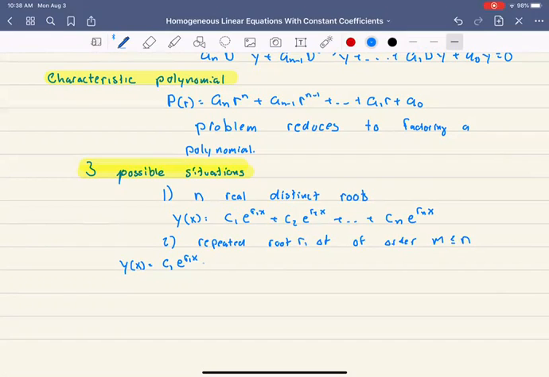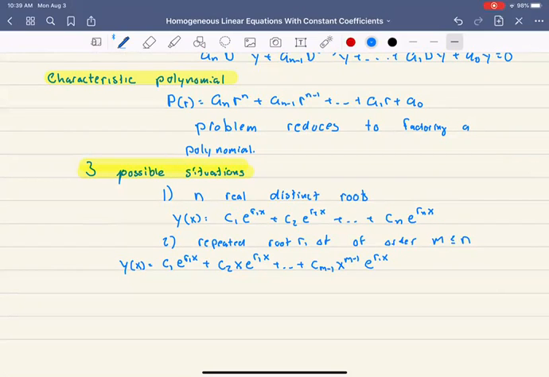Plus c2x e to the r1x again, and so on up to c sub m x to the m minus 1, e to the r1x.